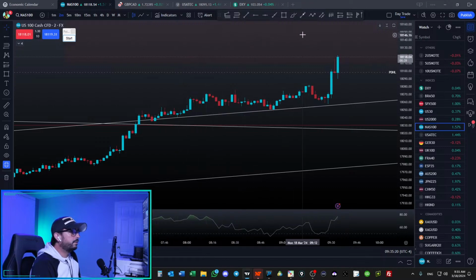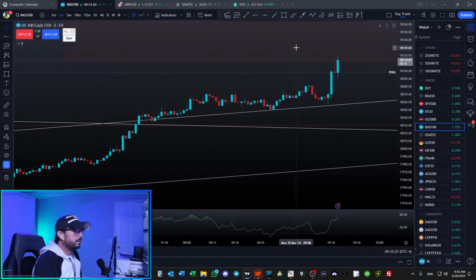Remember, this is a sell zone, but it doesn't mean that the price is going to stop there. It can just blow past that. We're waiting for something to show us where to go.